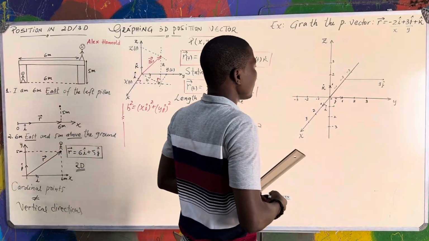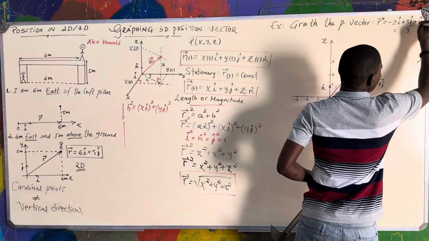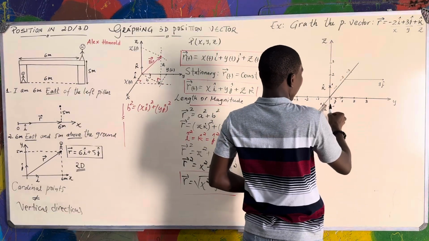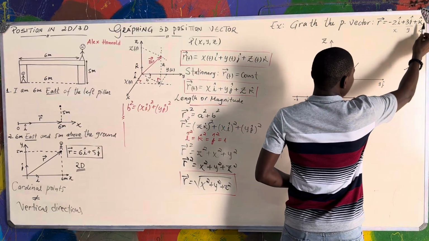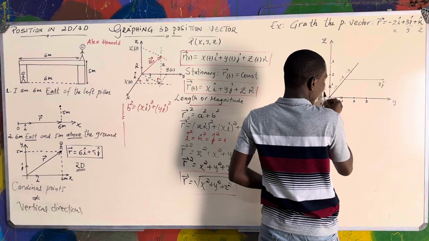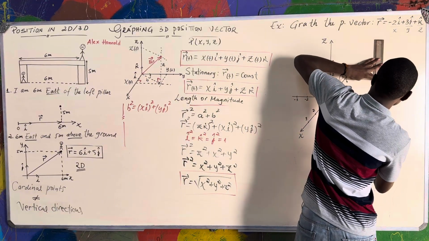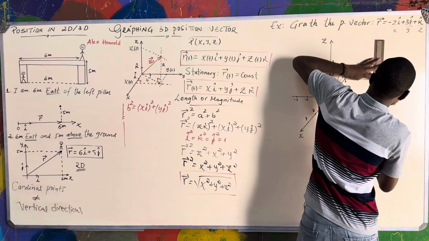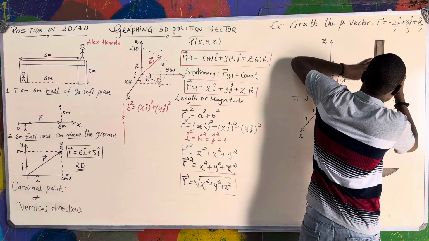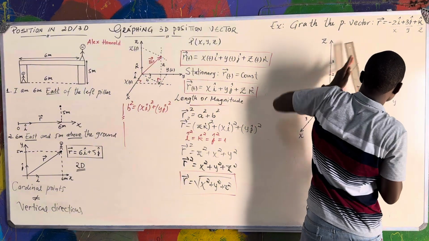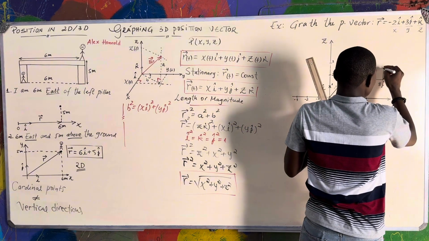And finally, k hat. This is the z-axis. k hat equals 1 k hat. So we're going upward here and just draw a k hat. This is another point.